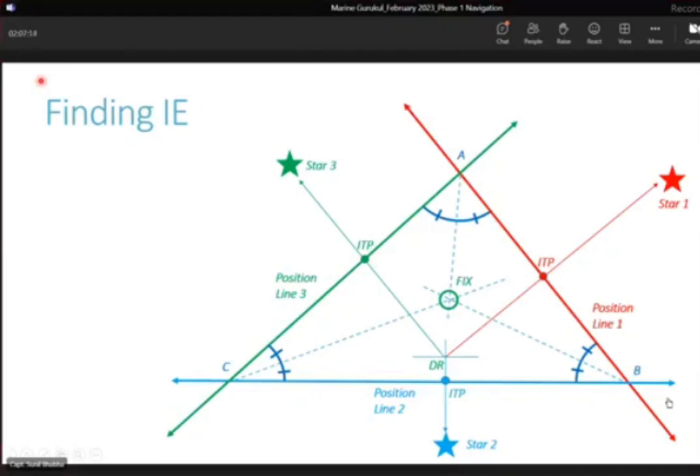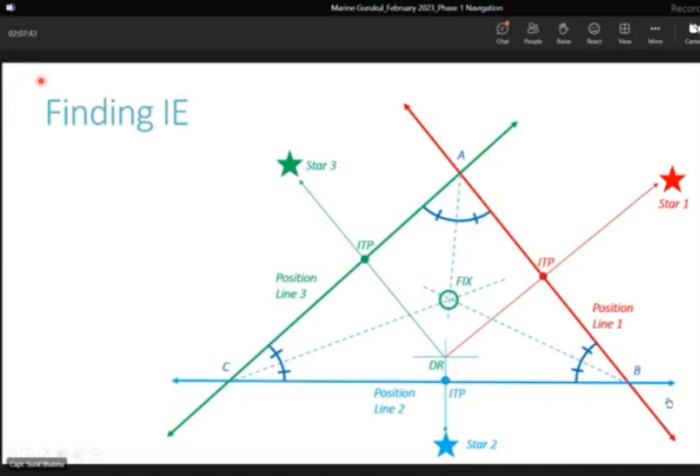Now we have learned how to resolve this cocked hat in 2 different scenarios: when the bearings are contained within 180 degrees and when the bearings are outside or not contained within 180 degrees. Now in some of the questions, they will also ask you to find out the magnitude of the error which was present in the observation.